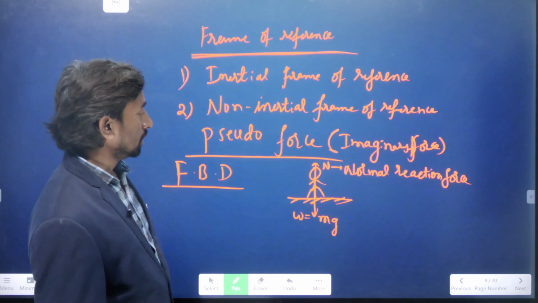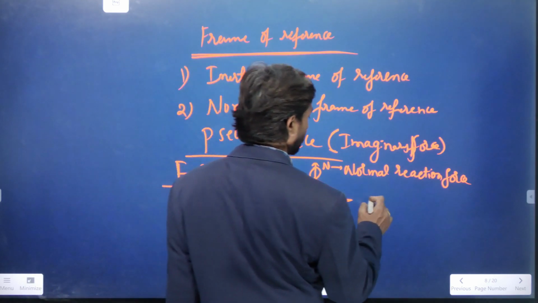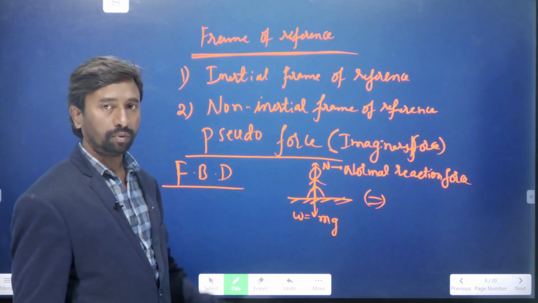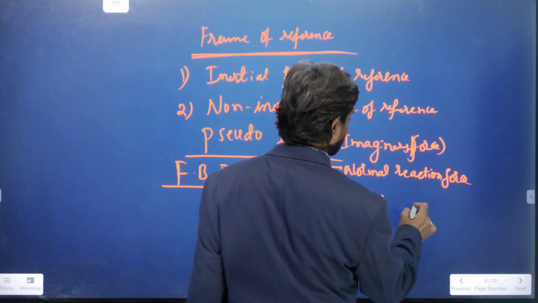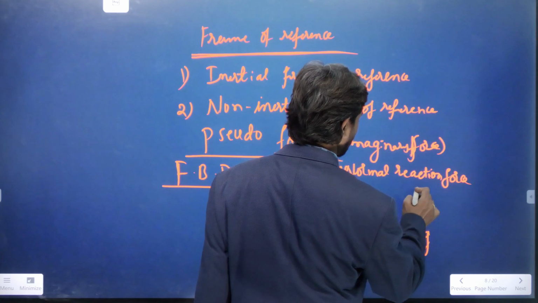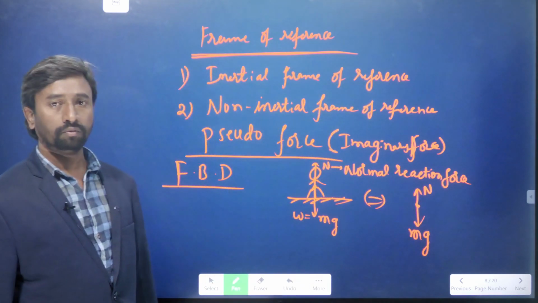Now this whole situation can be drawn like this as a free body diagram. The whole mass of the body is treated as a point mass. Then the forces are represented, showing which forces act and in which directions. If you draw like this, that will be the free body diagram.